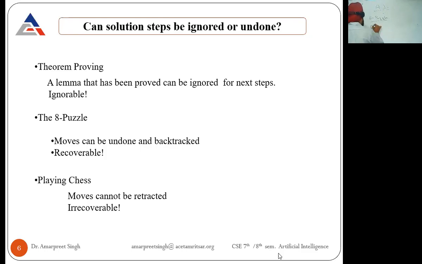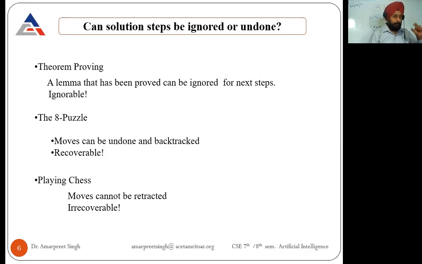Second, take the example of chess. In chess, whatever the move you take, whatever the step you take, you cannot revert back. You cannot backtrack. So that is the type of problem which is irrecoverable. And in some, like theorem proving, we say that whatever steps you have taken are ignorable or not ignorable. So from this, whether solution steps can be ignored or undone means the problem is recoverable or irrecoverable.